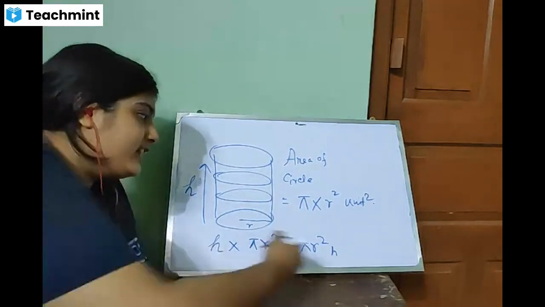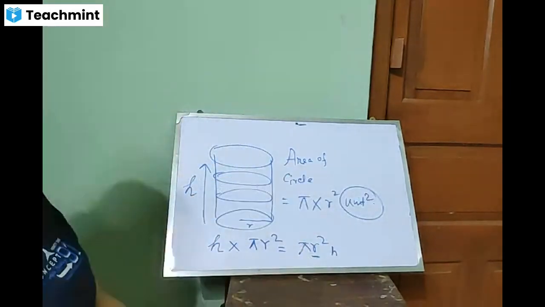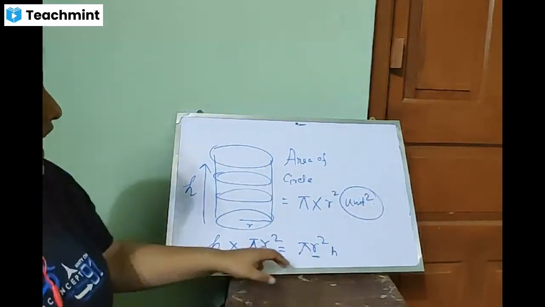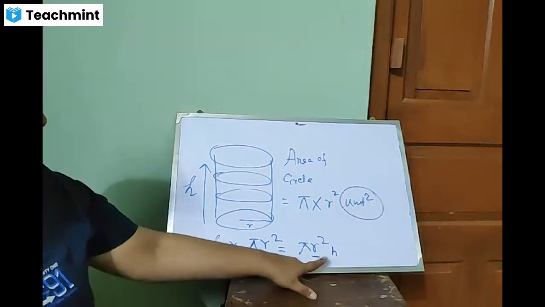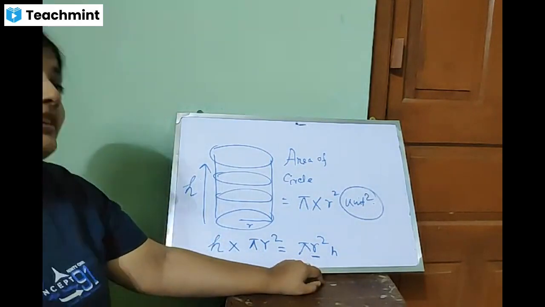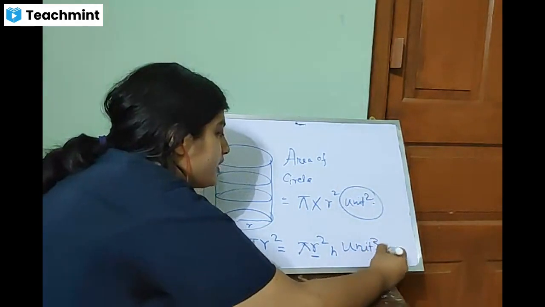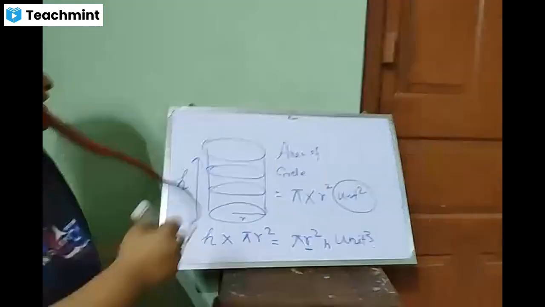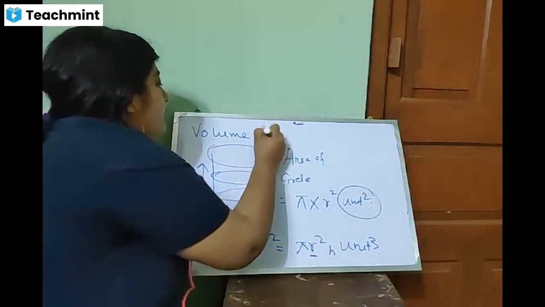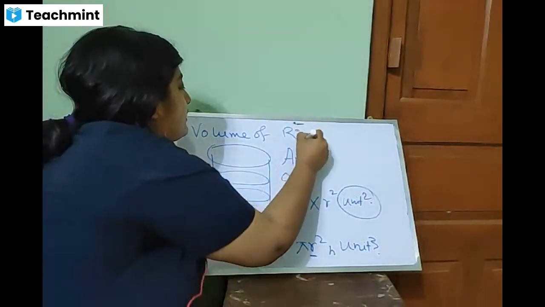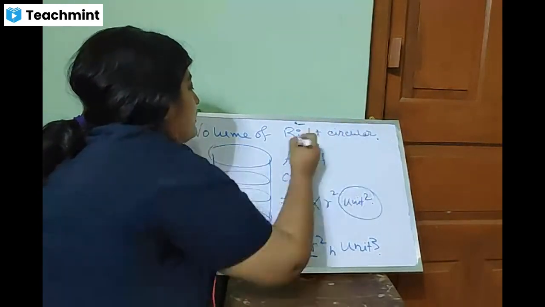Here are 2 units, as we explained in the previous class, and this 1 unit multiplied together, so we get unit cube. Here is the formula: volume of right circular cylinder.